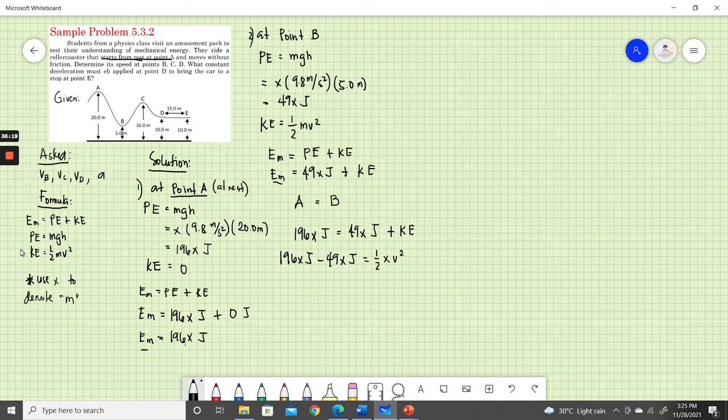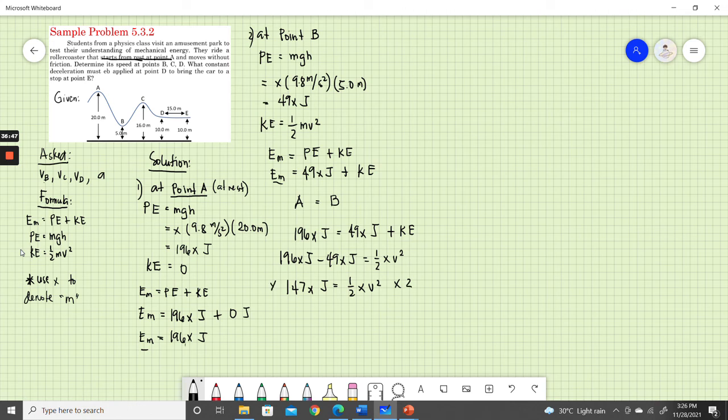We just subtract, and 196 minus 49 is basically 147, so 147x joules is equal to 1/2 x v squared.